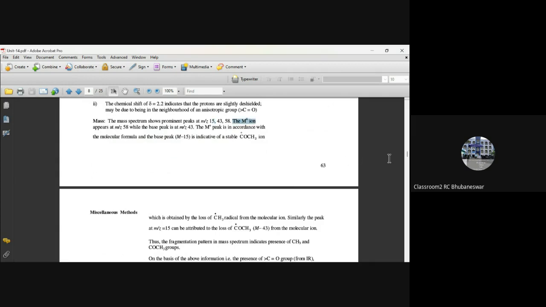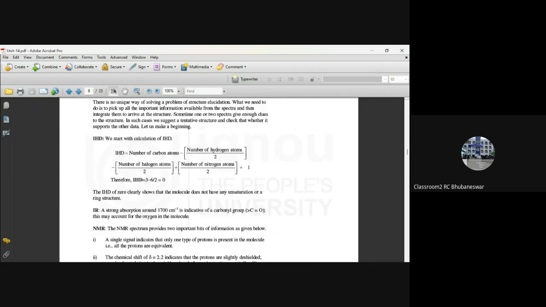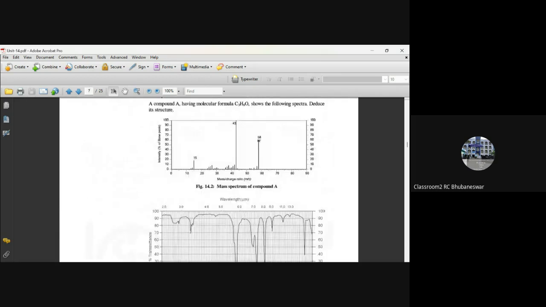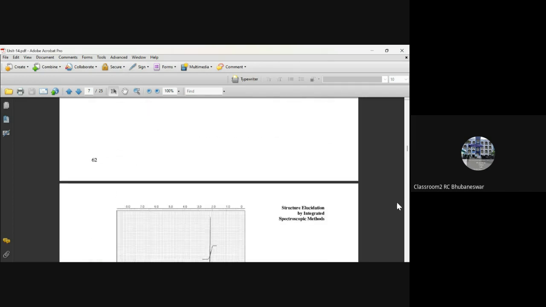The M plus ion appears at 58, while the base peak is at 43, because the base peak is the intense peak and the molecular ion peak is less intense. However, it gives the molecular mass of the compound, and it has already lost one electron.